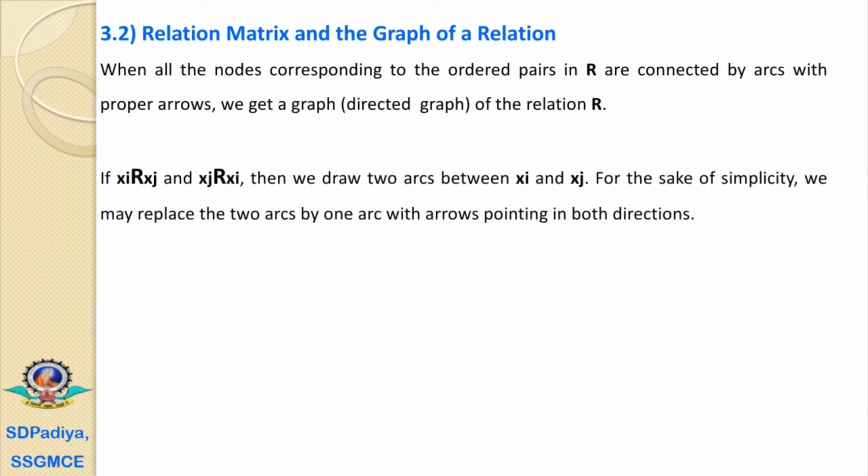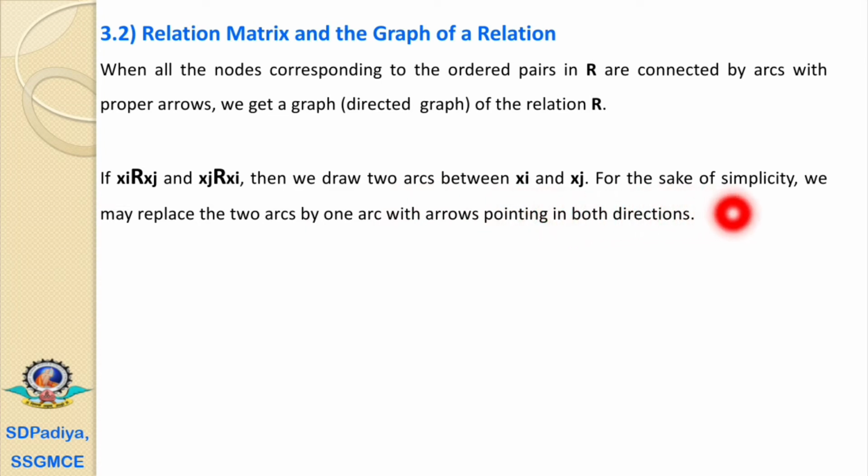When all the nodes corresponding to the ordered pairs in a relation R are connected by arcs with the proper arrows, we get a graph that we call the directed graph of the relation R. We'll see that if xi has a relation R to xj and xj also has a relation R to xi, then we draw two arcs between xi and xj.